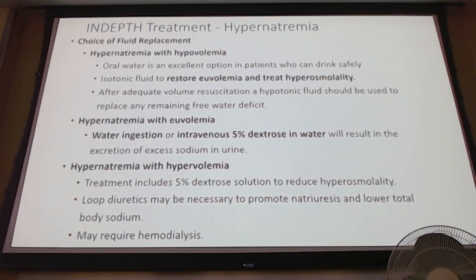If you're high sodium and high volume, you're going to just treat with D5W to try to decrease that osmolality. We may, in this instance, give a loop diuretic to try to push out that sodium. Okay. Very severe cases, we may have to resort to dialysis to try to really filter out that sodium if we can't get it just by treatment alone.